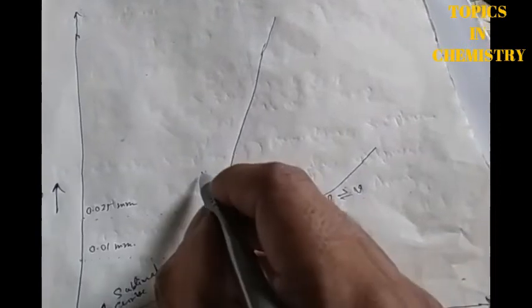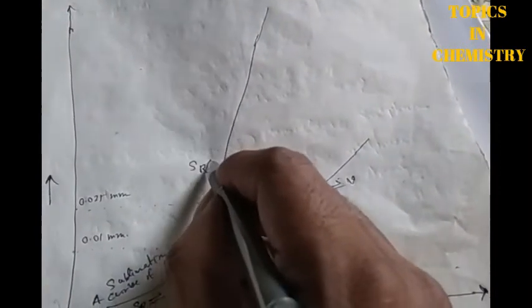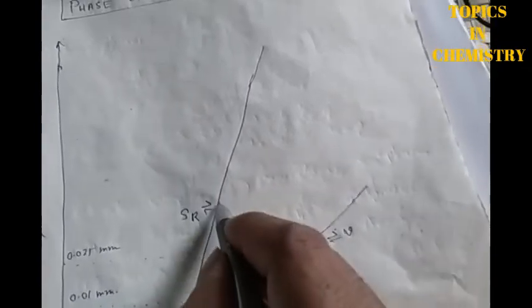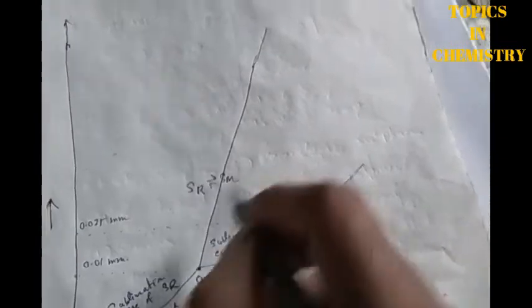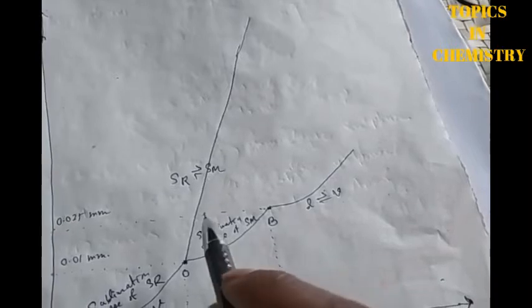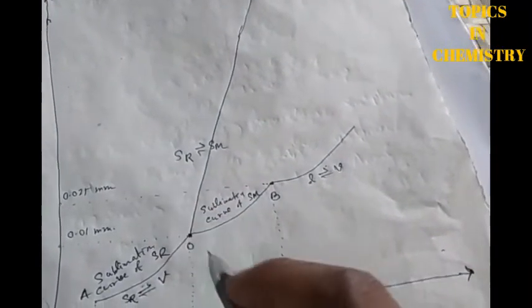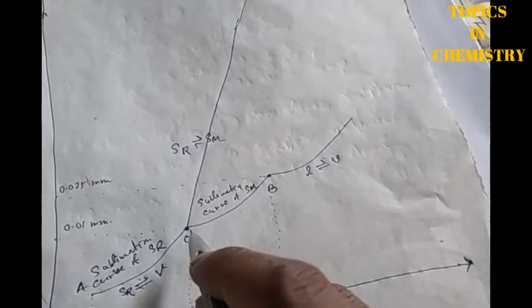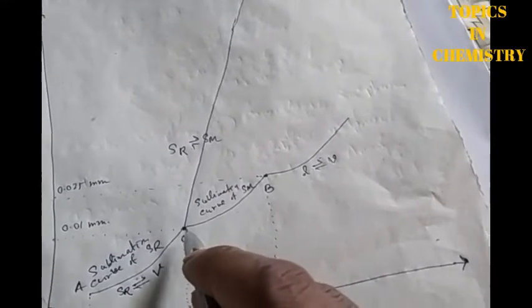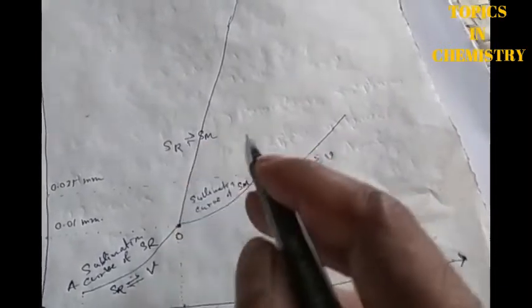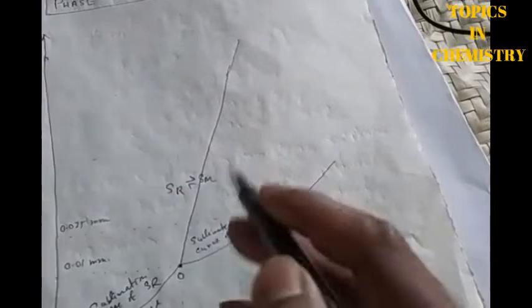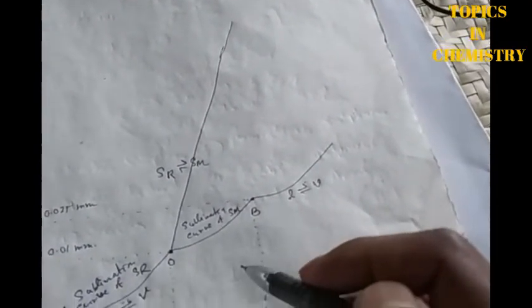Here two allotropes are in equilibrium, so SR is in equilibrium with SM, monoclinic sulfur, through this line. This line has a positive slope. Positive slope means if you increase the pressure, the transition temperature gradually increases. So this is not a melting point, this is a transition point.